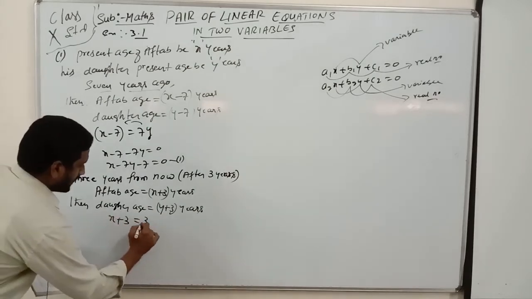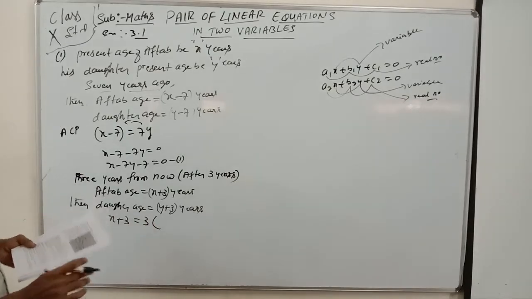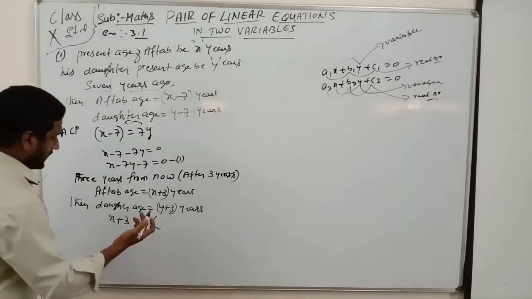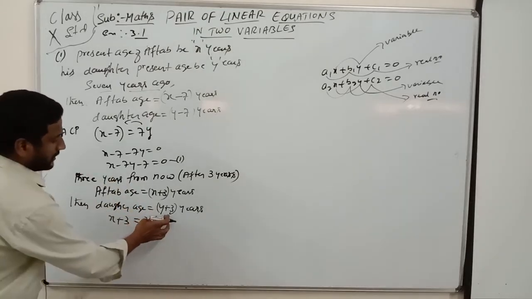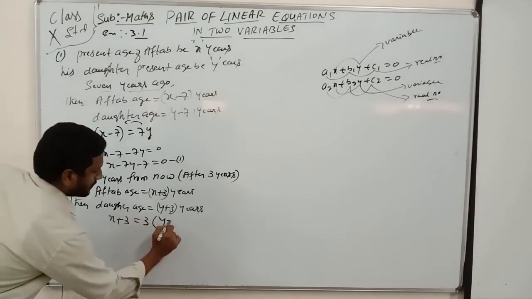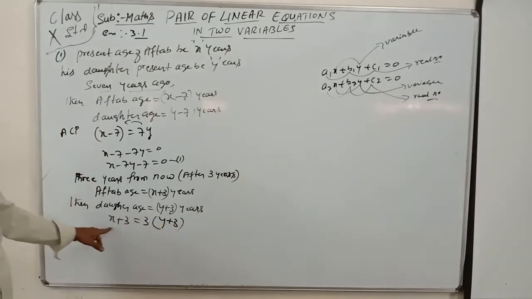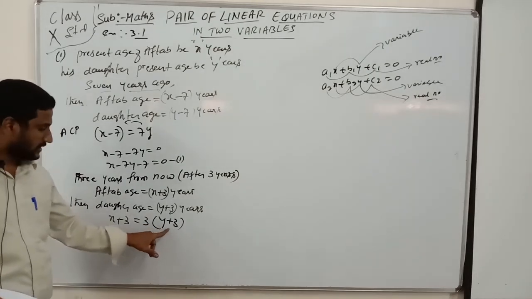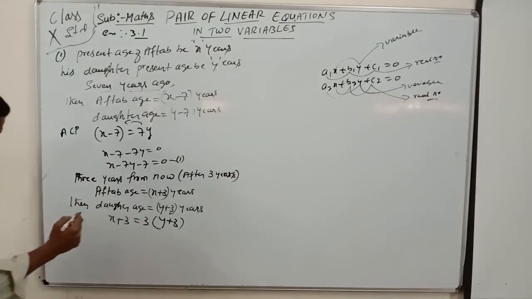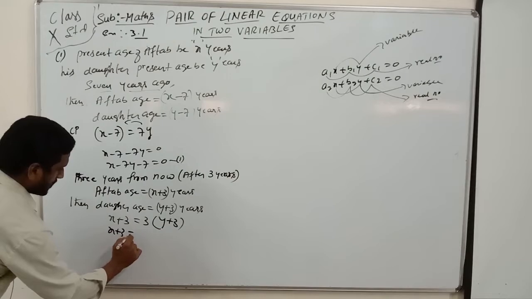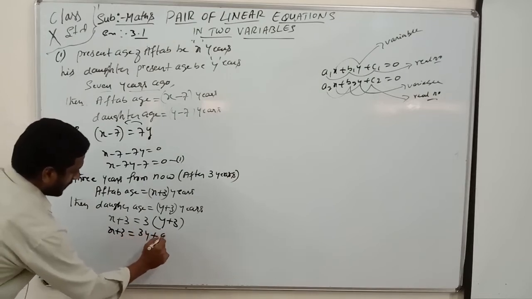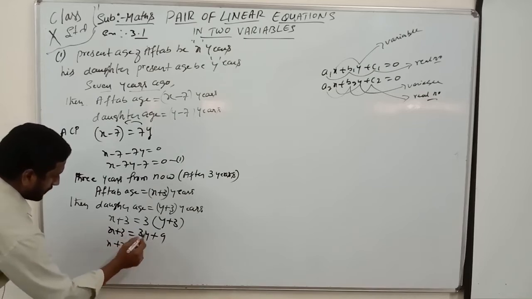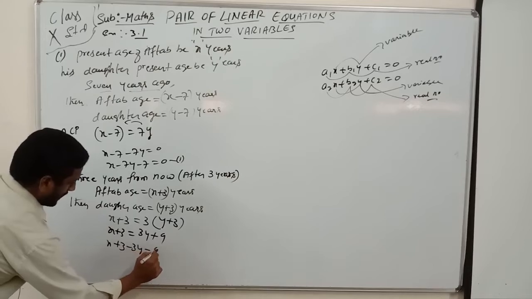So x plus 3 is equal to 3 times the daughter's age, 3 into y plus 3, which is 3y plus 9. Bringing this over with signs changed: x plus 3 minus 3y minus 9 is equal to 0.